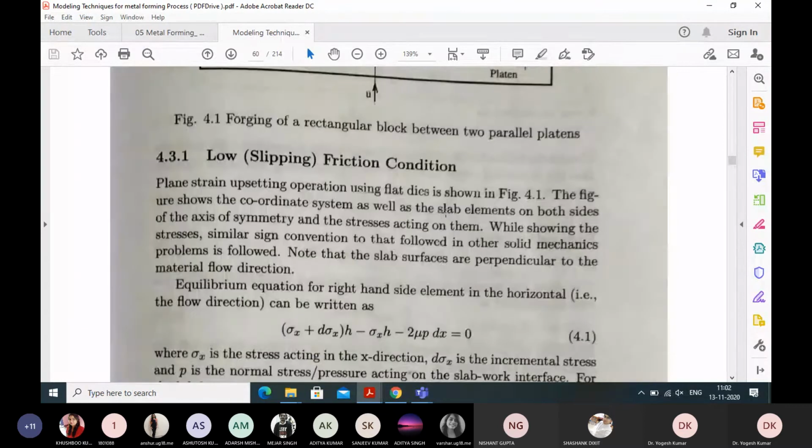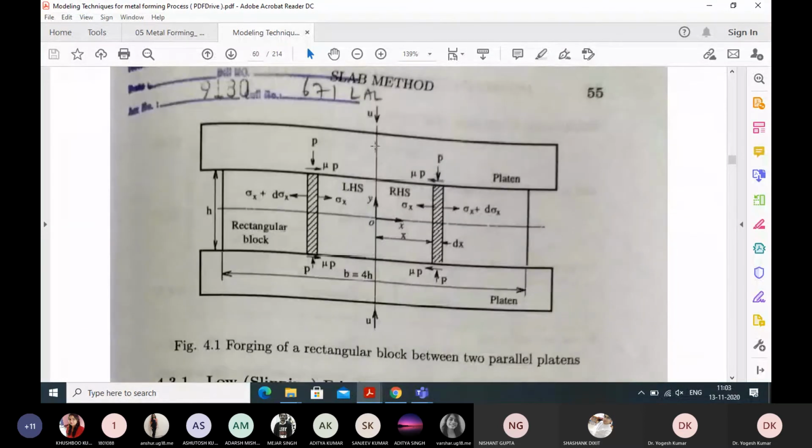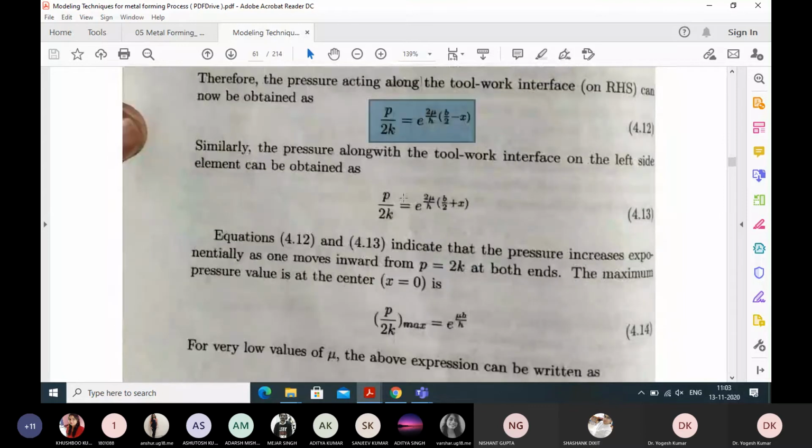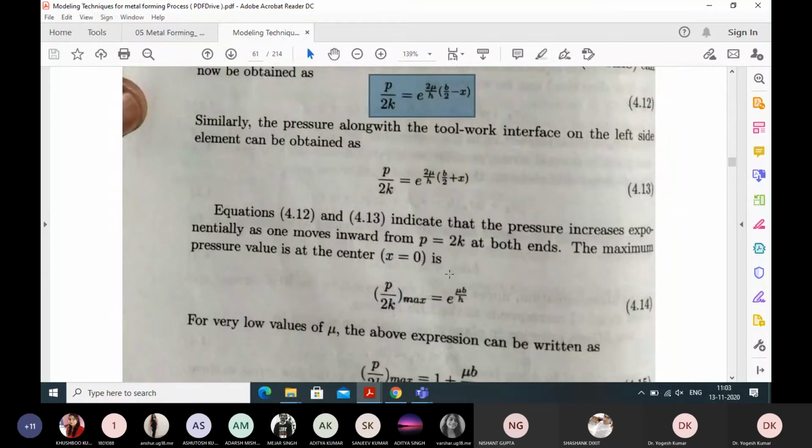Where is your x equal to 0? X equal to 0 is at your center line. So here we can conclude that maximum pressure, or maximum stresses, will be on the center line. Equations 12 and 13 indicate that the pressure increases exponentially as one moves inward from P equal to 2K at both ends.